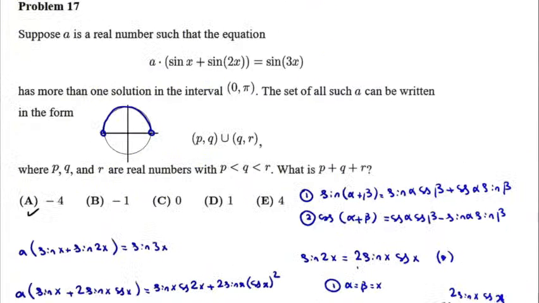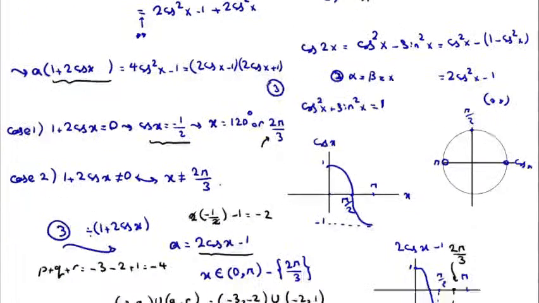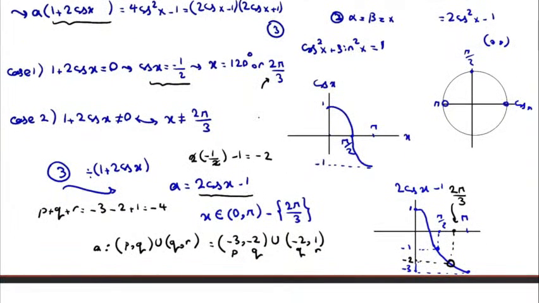So let's review the solution. For all a, it says what? We want more than one solution in the interval 0 to pi. So x equal to 2 pi over 3 is one answer for all a because left hand side and right hand side will be 0. We've calculated. And we want to find another x that is the answer. So because we want another x that satisfies this equation, a is 2 cos x minus 1 if x is not 2 pi over 3.